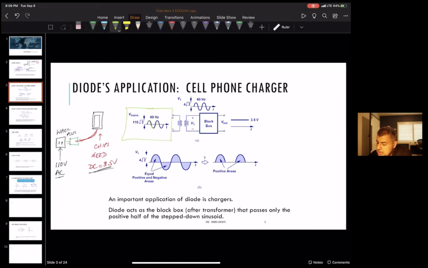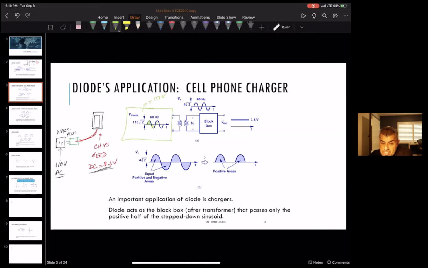The peak is 110 volts times the square root of 2. I always forget what that is. I think it's around 150 volts or something. But the key is this has no DC component, because it has an equal number of positive voltage values as negative voltage values.